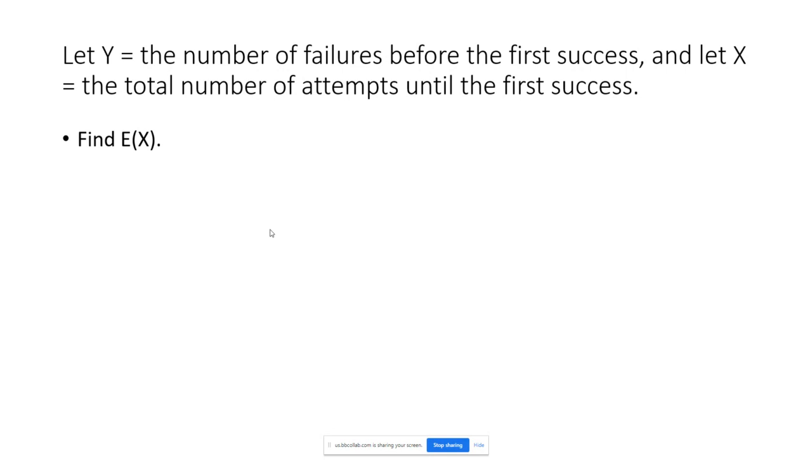So if you've written x in terms of y, and you're thinking about using theorem 3.5, you're on the right track.